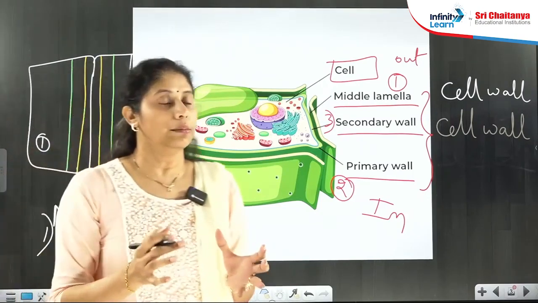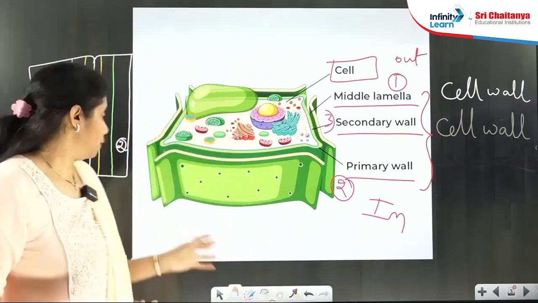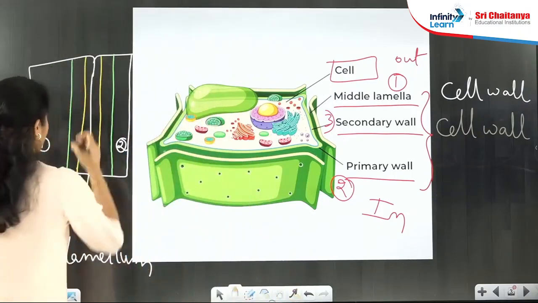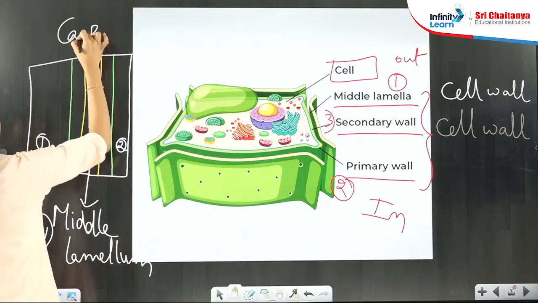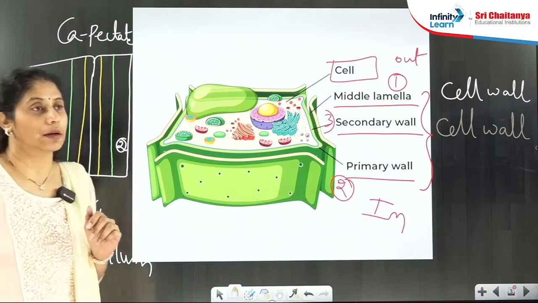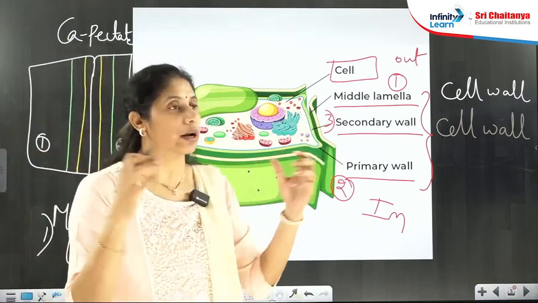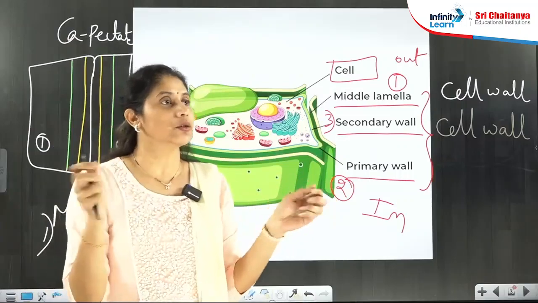So middle lamellum is the outermost layer of the cell wall. It is made up of calcium pectate. It acts like glue. It will be gluing, or it will be connecting, or it will be cementing the 2 cells together.